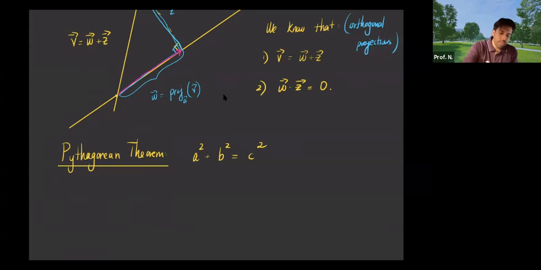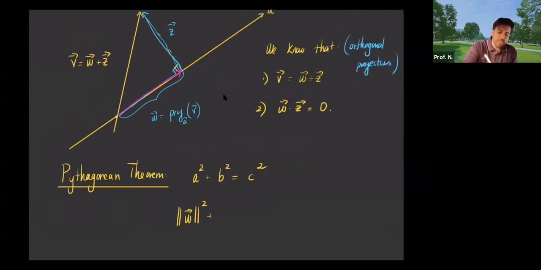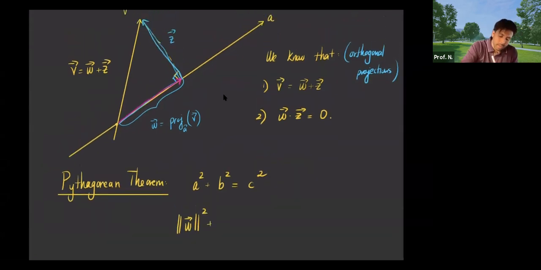The norm of W squared. Very good. And what would be my B squared? It would be the norm of Z squared. And what would be my C squared? It would be the norm of W plus Z squared.